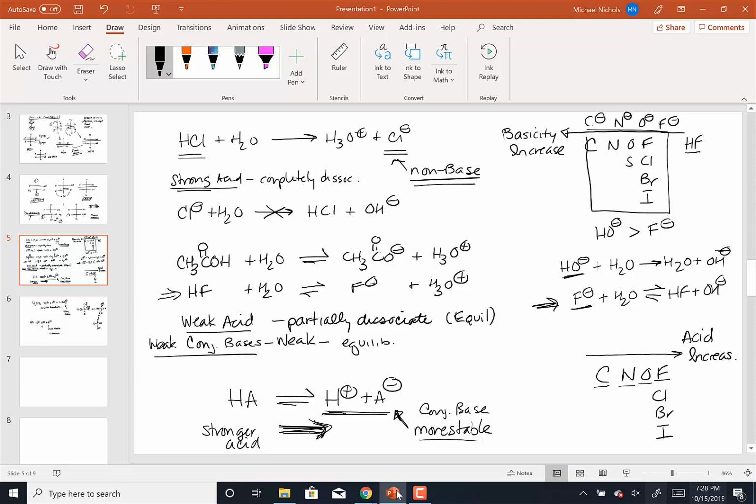It only partially dissociates in water, and so therefore the HF is a weak acid. What about HCl? HCl, we know we classify as a strong acid because it completely dissociates. HBr is an acid that completely dissociates. HI is an acid that completely dissociates. Going down the periodic table, acidity increases.